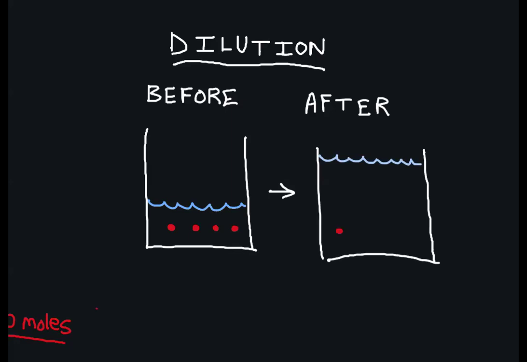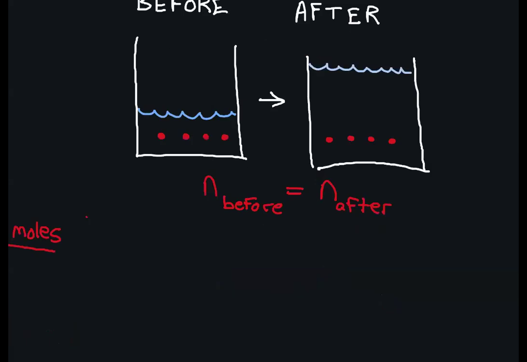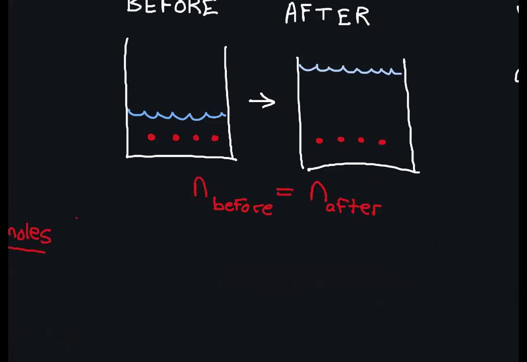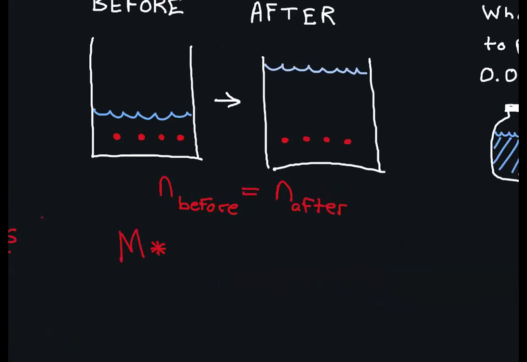And so from the fact that the moles of the solute before equals the moles of the solute after, we can substitute in for n, if you remember from earlier, n equals M times V. So going back, I can write M times V, and we'll put B for before, and then M times V, we'll put A for after.